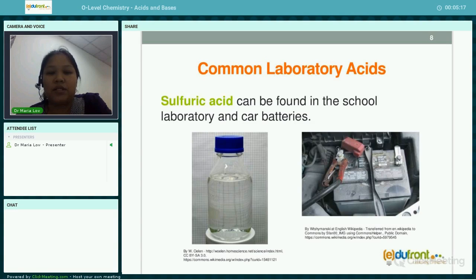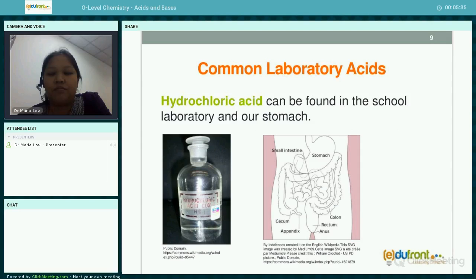Let's take a look at some of the common laboratory acids that you can find in your schools. The first one is your sulfuric acid. Sulfuric acid can be found in the school laboratory to be used in many of the experiments that you encounter. And of course, sulfuric acid can also be found in your car batteries. The next common laboratory acid that we encounter is called hydrochloric acid.